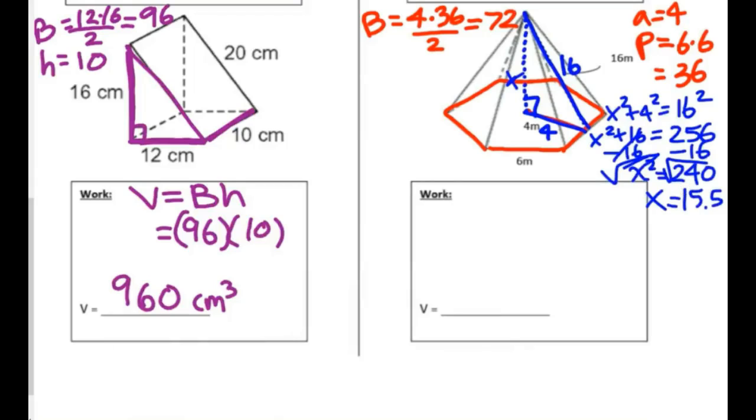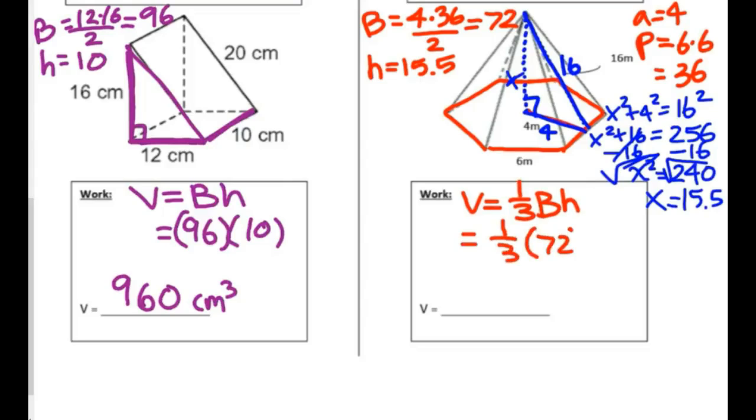So we finally got our H. Now, I know this problem has a lot of weird stuff in it, but you can find the area of a polygon, and you can do Pythagorean theorem to find the height. So let's write down our formula. For a pyramid, what is it? Okay, 1/3 BH. It is. So replace B with 72.